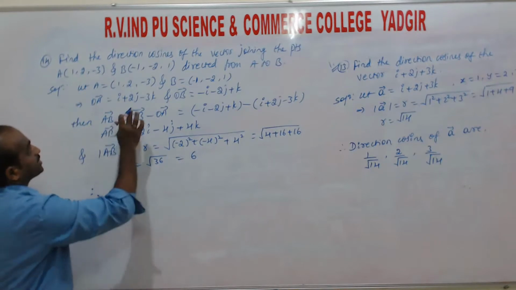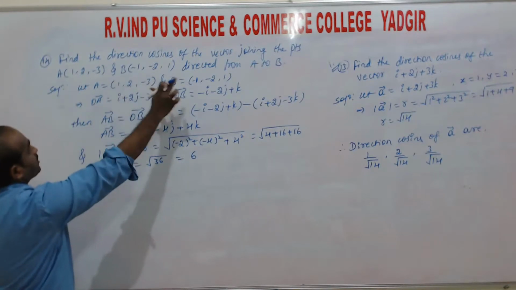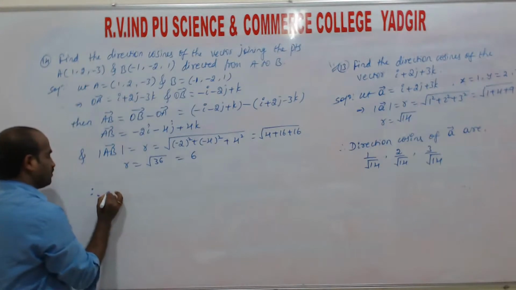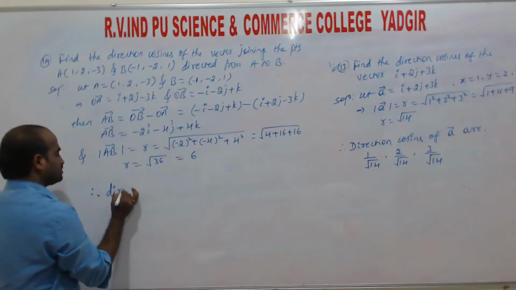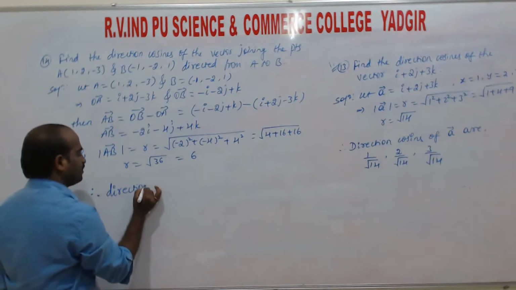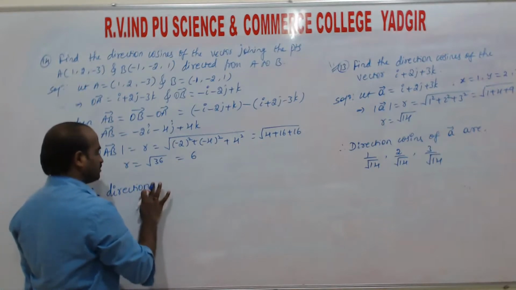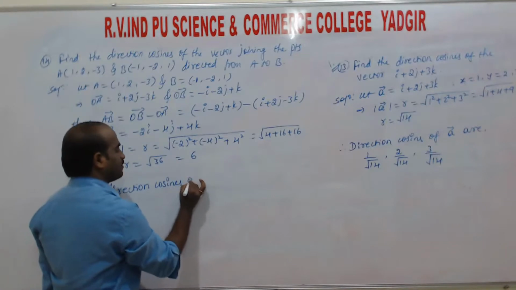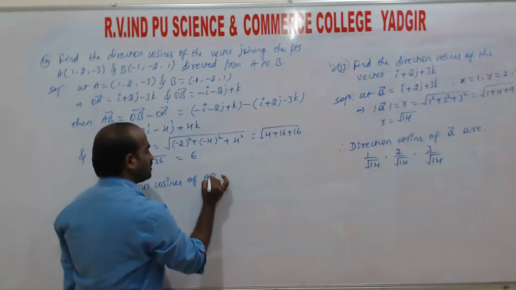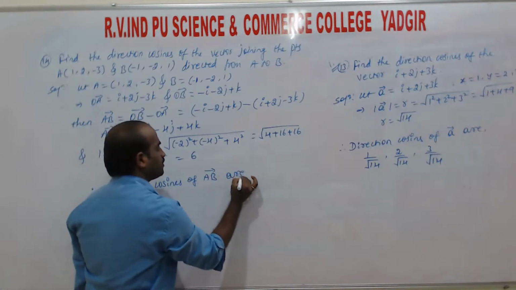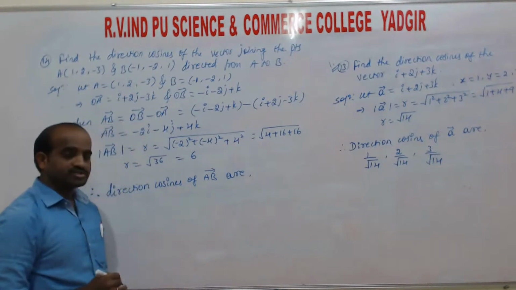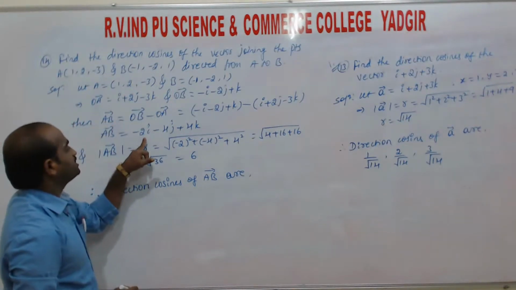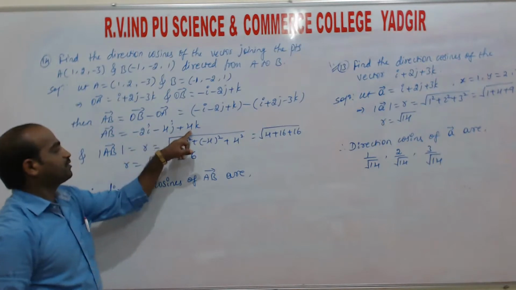Therefore, the direction cosines of AB vector, joining two points directed from A to B, are x by r, y by r, z by r. Here x, y, z are minus 2, minus 4, 4.